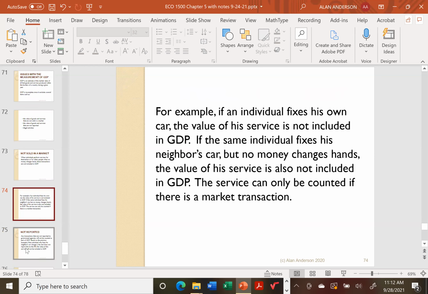And of course, if you do things for yourself, you fix your own car, you clean the house, whatever you do for yourself is not going to get counted in GDP. It has to revolve around a market transaction where dollars change hands.